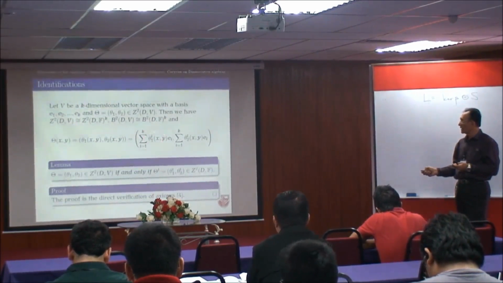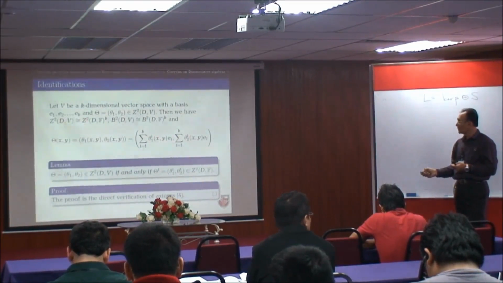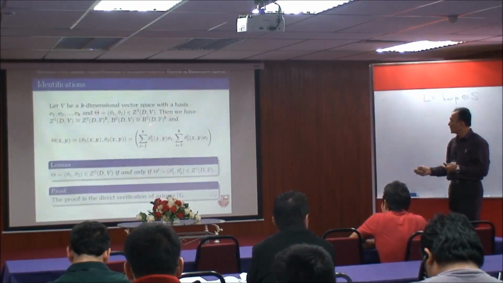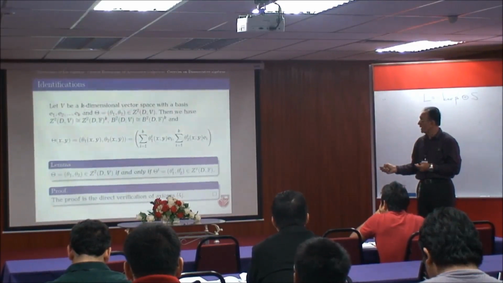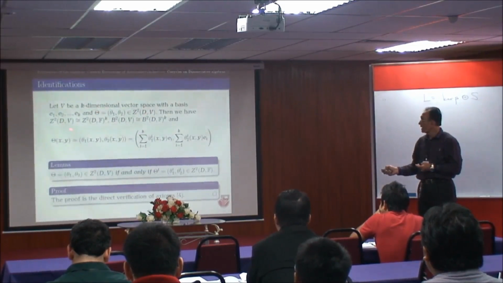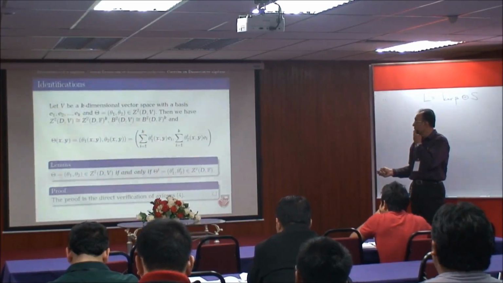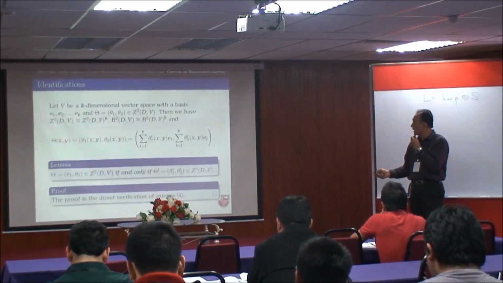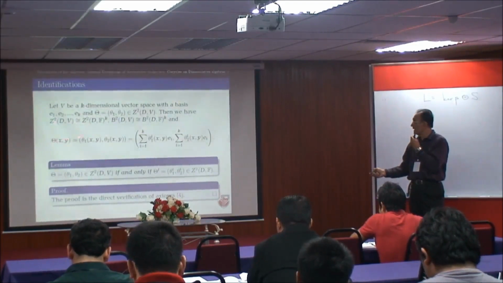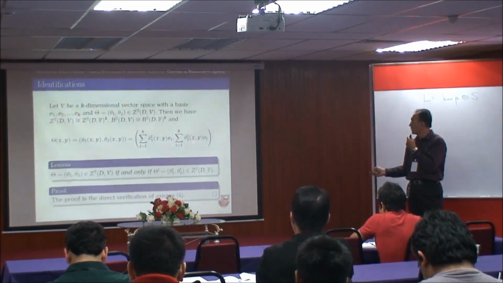If you denote the components as theta 1i and theta 2i, then you will get another two functions. But these functions' values are now in F, whereas the previous functions' values were in V. After this expansion, you get functions whose values are in F. So you can replace theta by these components: k components for the first part and k components for the second part.